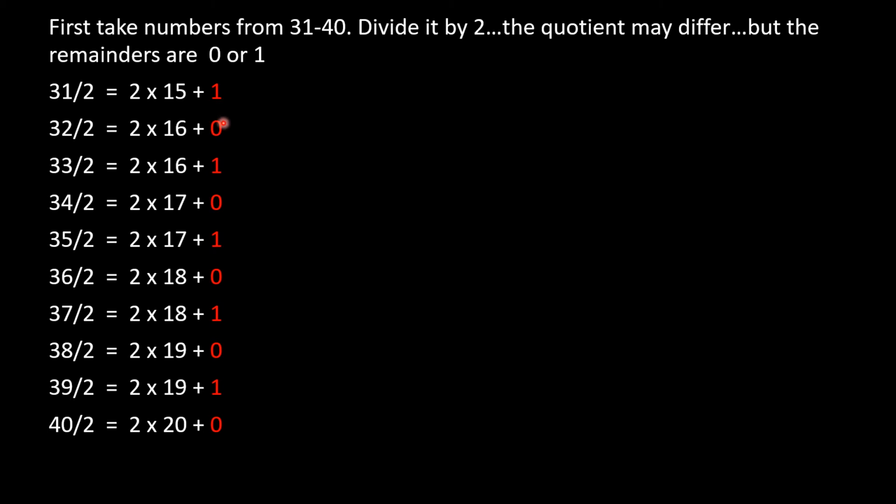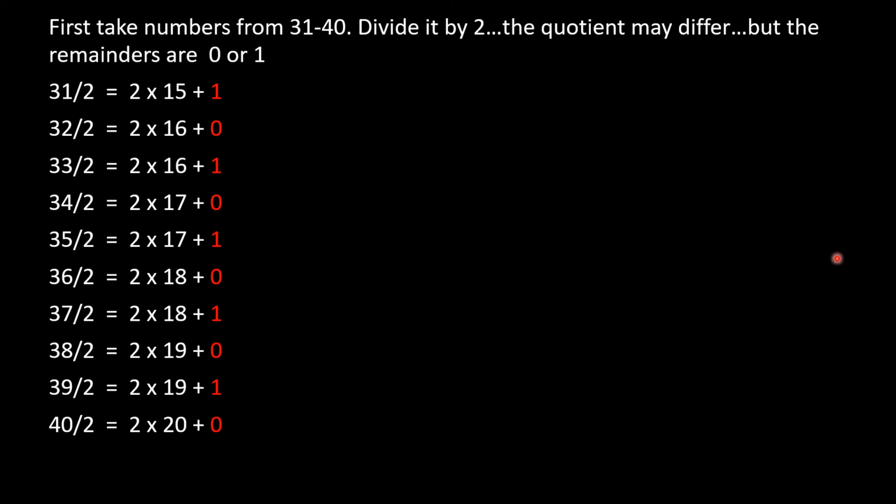So you see the remainders will be 0 or 1 for each number, whereas the quotient and the dividend will be changing, but the divisor is 2. The remainder will be less than the divisor 2, that is 1, and greater than or equal to 0, so it will be 0 also.